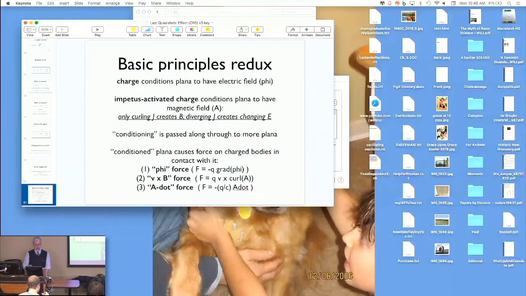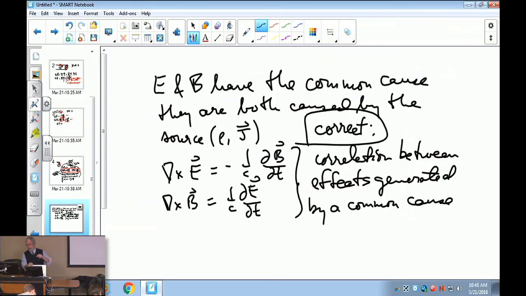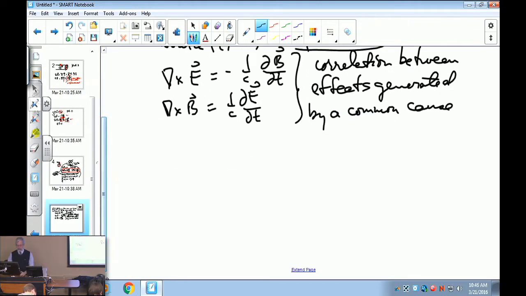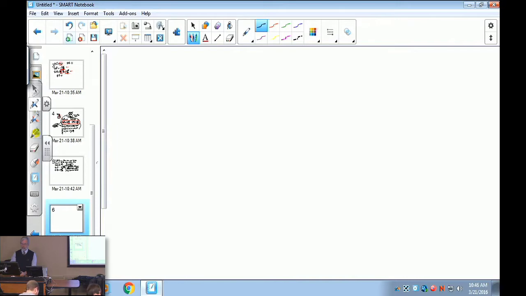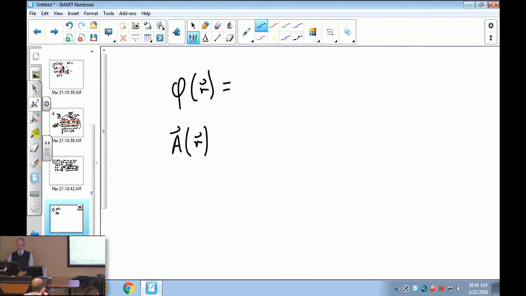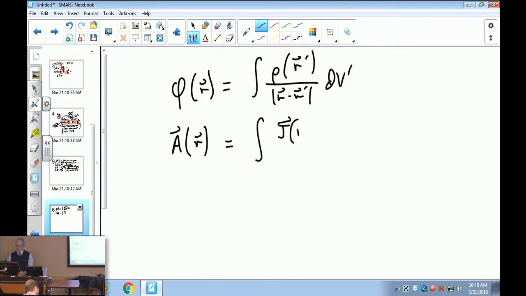Okay, so let's go back here to phi and A. Where are we left with phi and A? Okay, so phi and A, how do we find them? They're generated by charge and current density.